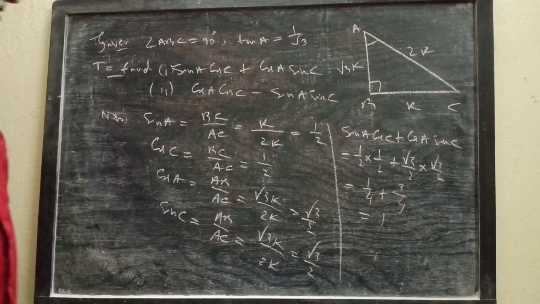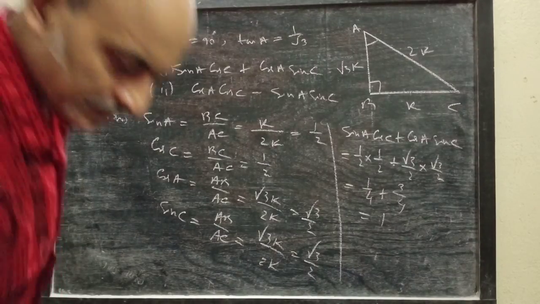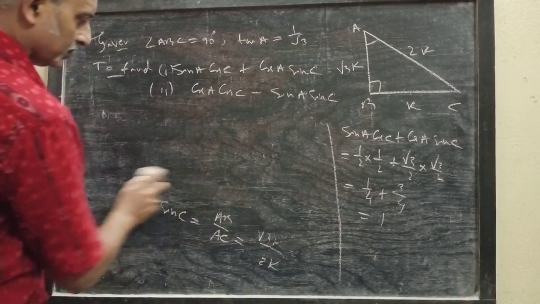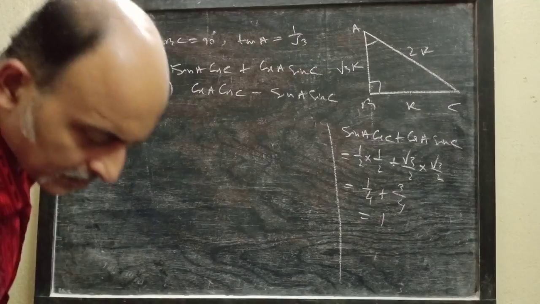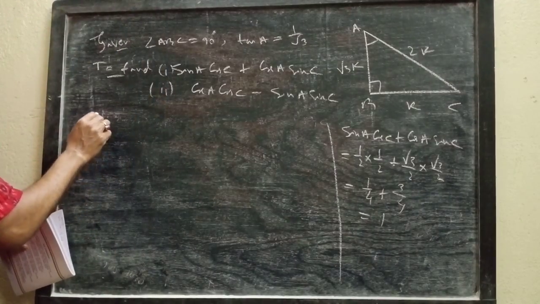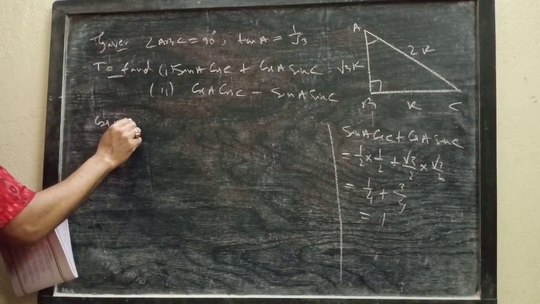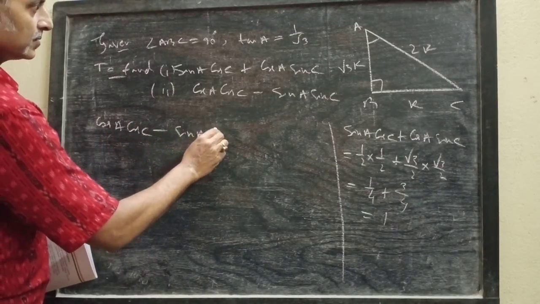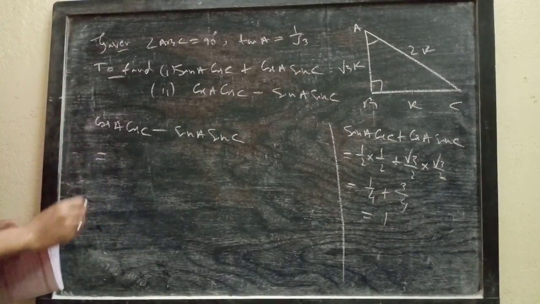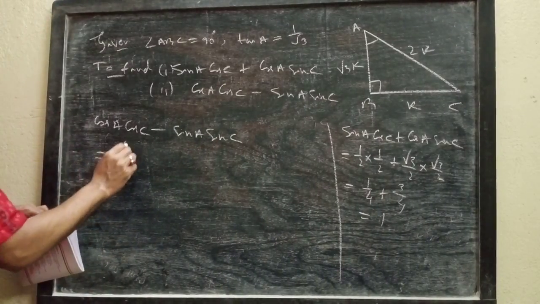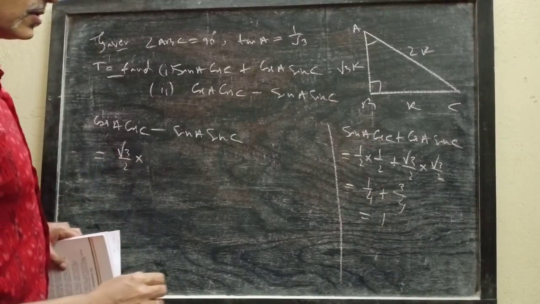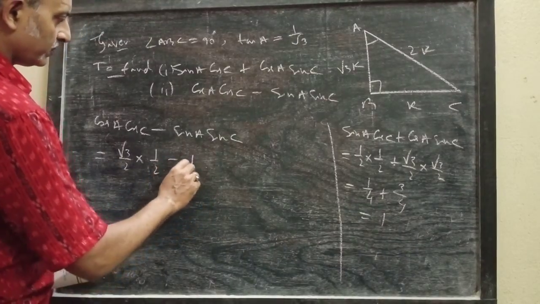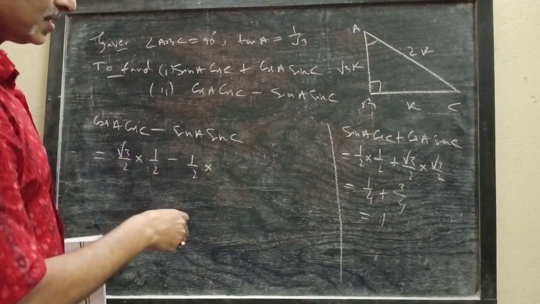Now let us find the second part. I am using this part: cos A cos C minus sin A sin C. Here cos A was root 3 by 2, cos C was half, sin A was half, sin C was root 3 by 2.